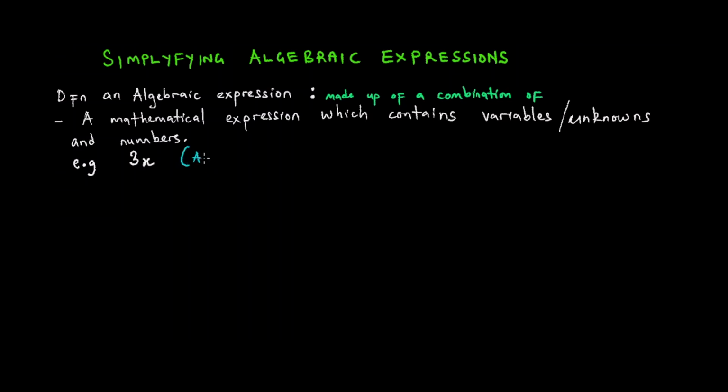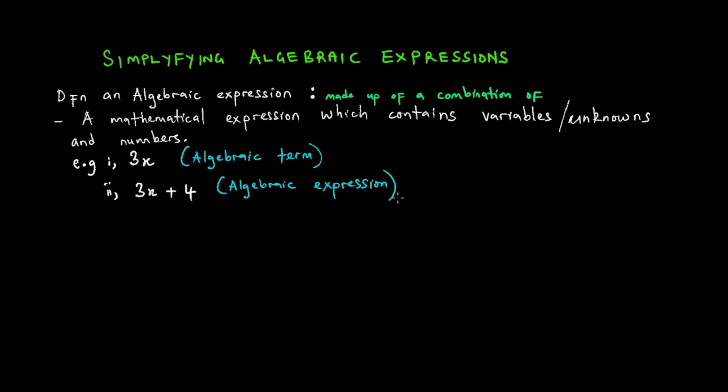More precisely, it's an algebraic term, a term because it is just this one 3x. When we say algebraic expression, we are talking about something like 3x plus 4, like this. This is now an algebraic expression. So do you understand the difference between an algebraic term and an algebraic expression?